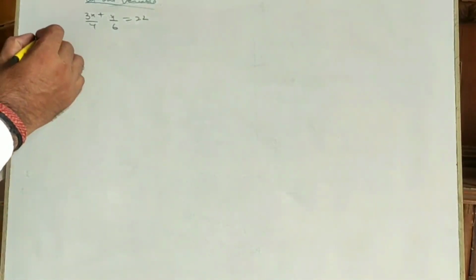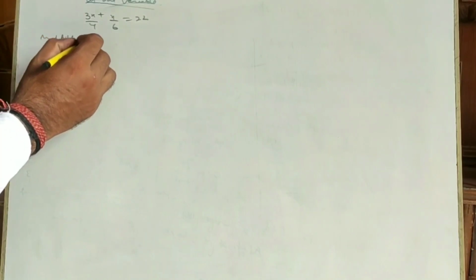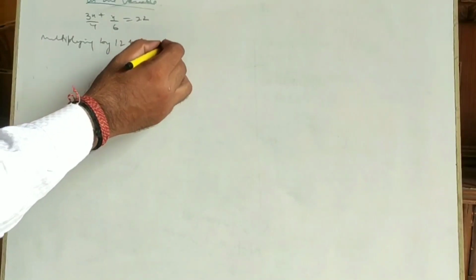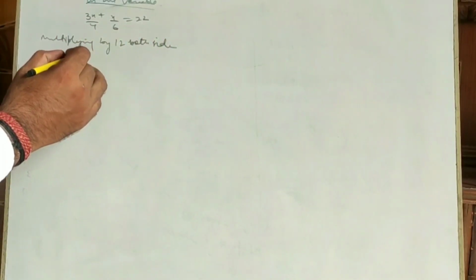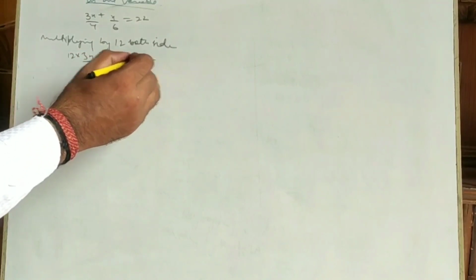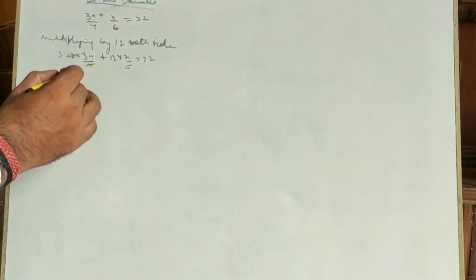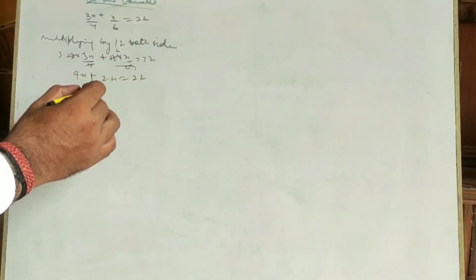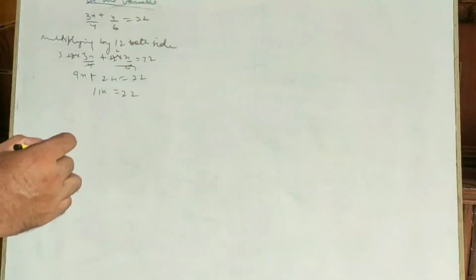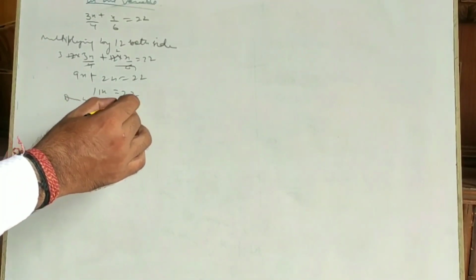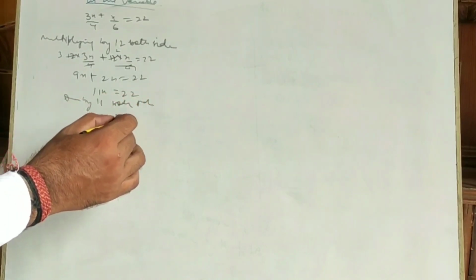So we'll write it as multiplying by 12 both sides. So we have 12 into 3x by 4 plus 12 into x by 6 is equal to 22. So this becomes 9x plus 2x is equal to 22. So this is 11x is equal to 22. Now dividing by 11 both sides, we will get x is equal to 2.